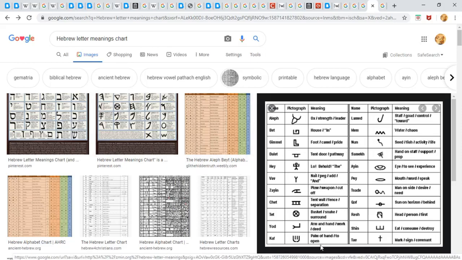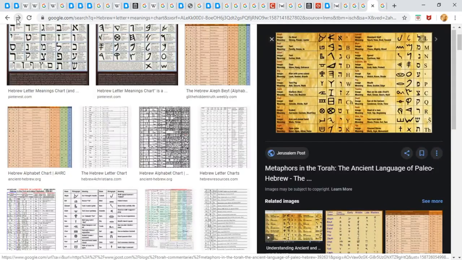And instead of these letters, get the meanings of them. Check out these with the older picture language and get a better idea to help you remember these new block style Hebrew letters. And check them all, the word meanings on them.